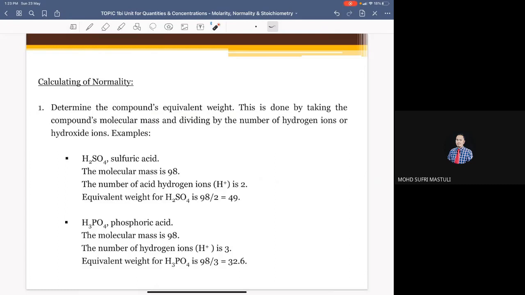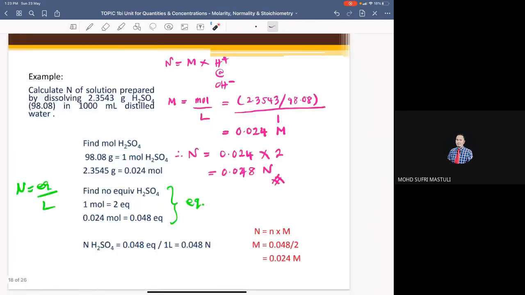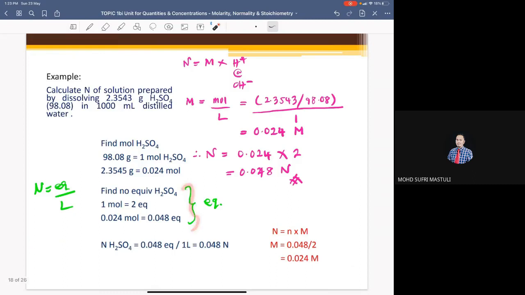The number of acid hydrogen, H plus, in sulfuric acid is 2, and then the equivalent weight is 98 divided by 2, which is 49. How can you get this one?